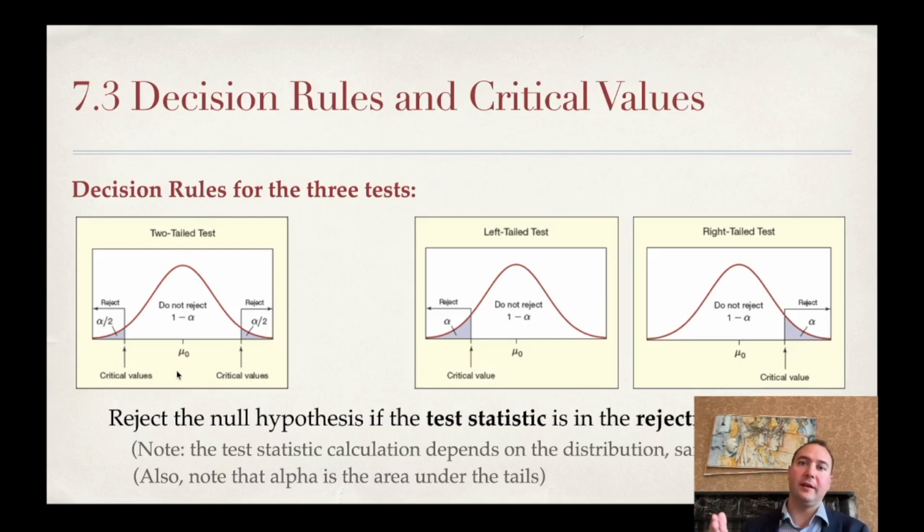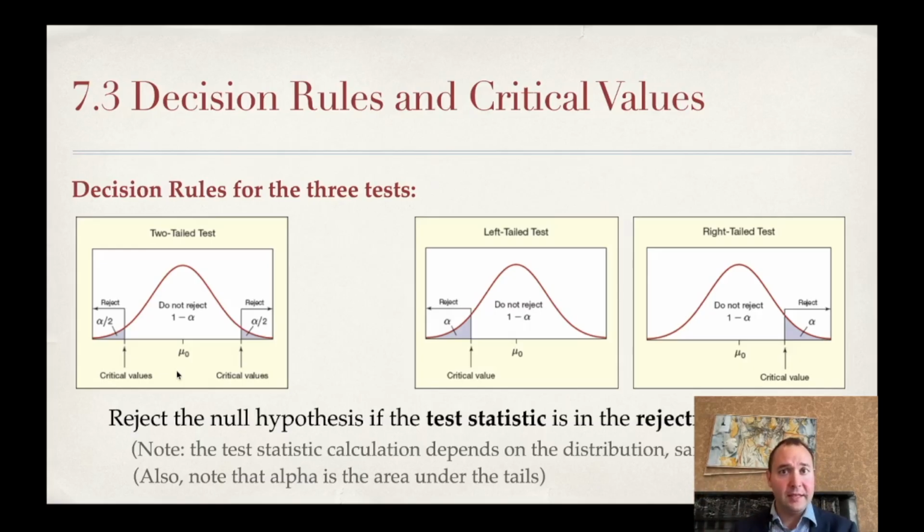So if we calculate our test statistic and find that it is very different than our mu0, it's very different than our assumption, we might reject our null hypothesis. We might say that our assumption is probably not correct if our test statistic is very far away from it.